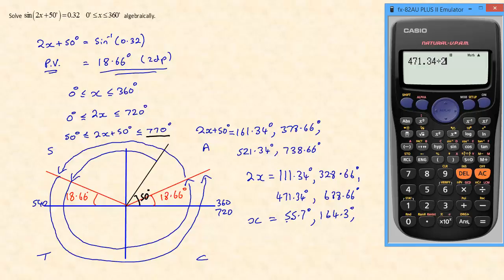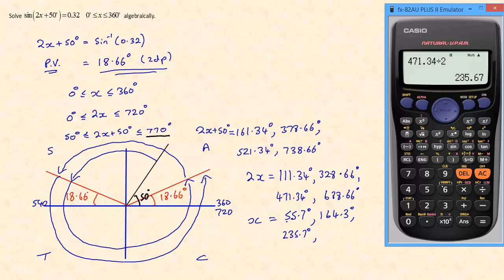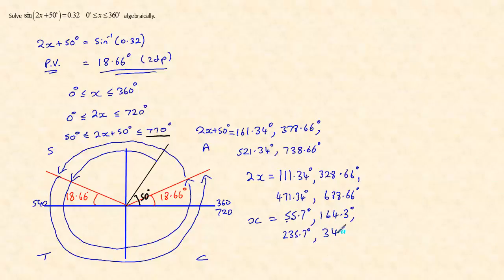Divide that by 2. 235.7. And finally, we've got the 688.66. Divide that by 2. 344.3. That one decimal place. And note how now all of these solutions are in the range 0 to 360.